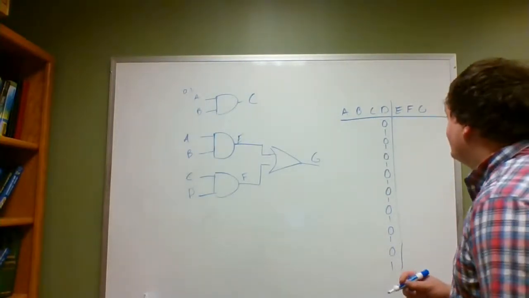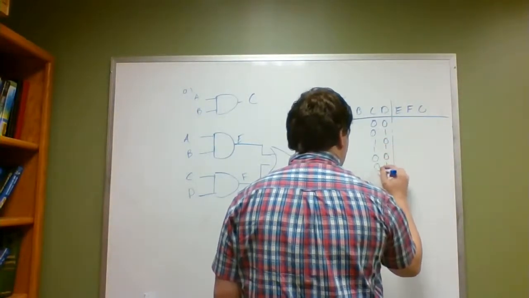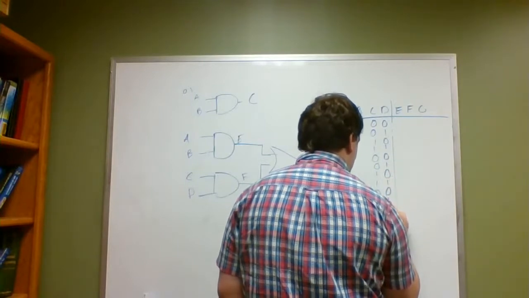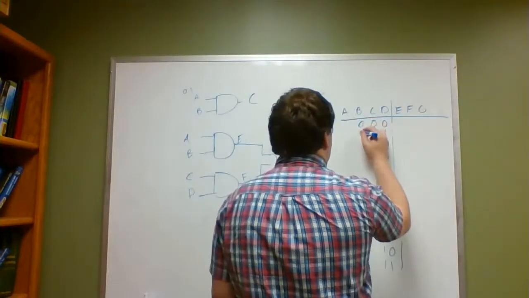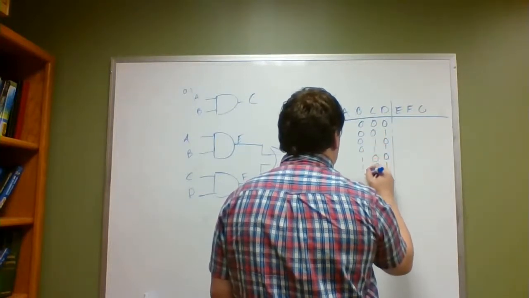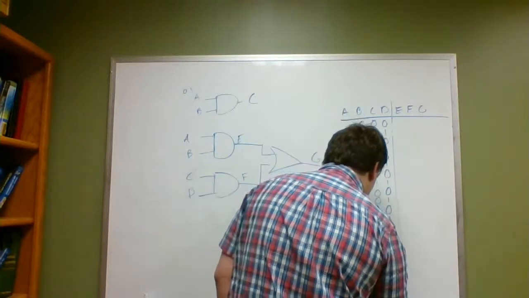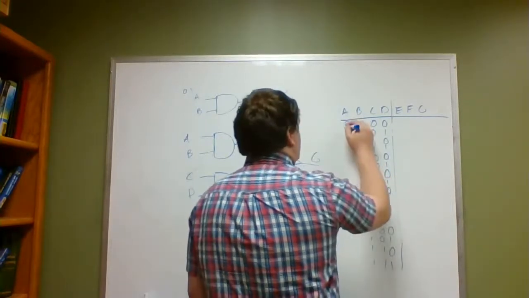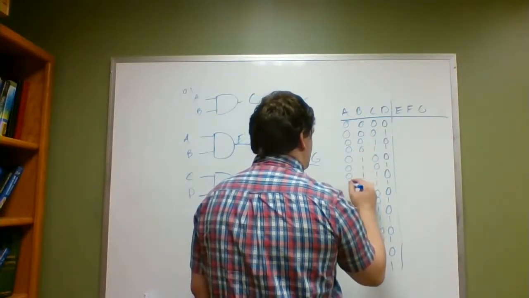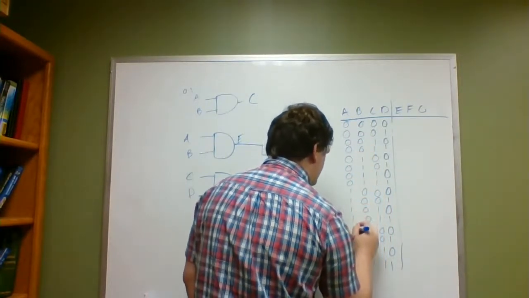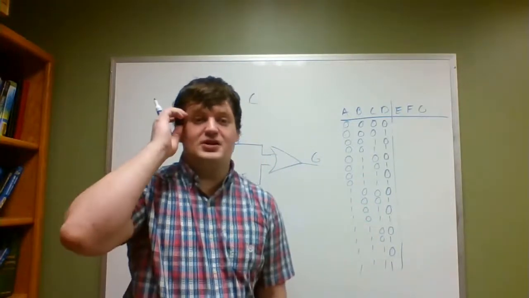Nice. 0, 0, 1, 1, 0, 0, 1, 1, 0, 0, 1, 1, 0, 0, 1, 1. 0, 0, 0, 0, 1, 1, 1, 1, 0, 0, 0, 0, 1, 1, 1, 1. So that's fun to draw.